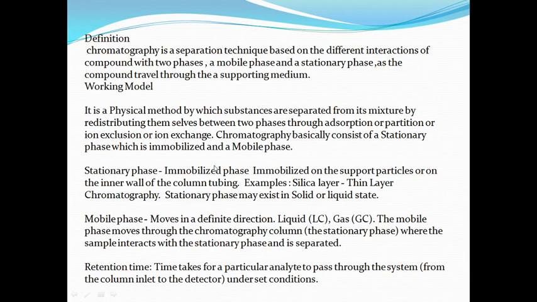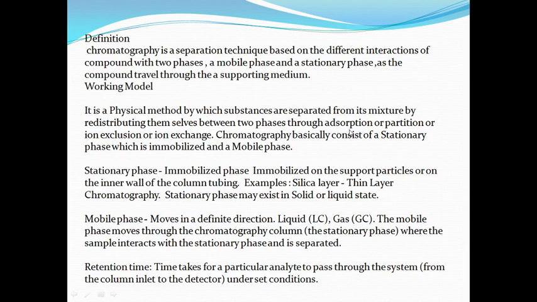The compound redistributes itself between the mobile phase and the stationary phase. First the compound is introduced on the stationary phase, then we introduce the mobile phase. At that time the redistribution takes place between the two phases, through adsorption if our stationary phase is solid.